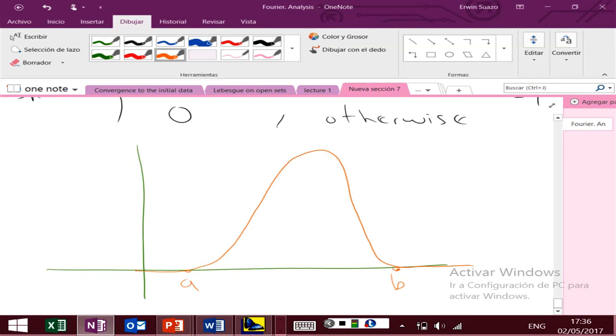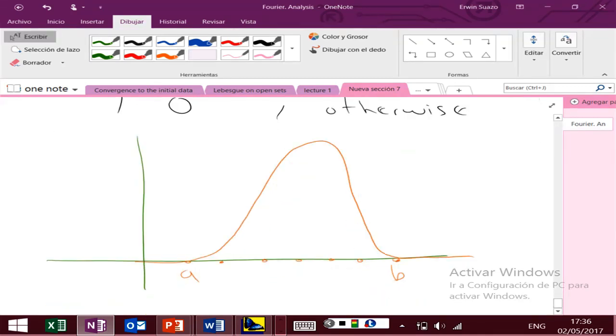I just want it to be symmetric so you can compare it with the Lebesgue integral when we did it. So I divided into intervals 1, 2, 3, 4, 5 and 6, let's say. I'm going to take the inf of the images from A to B. So the smallest of this interval is 0, right?